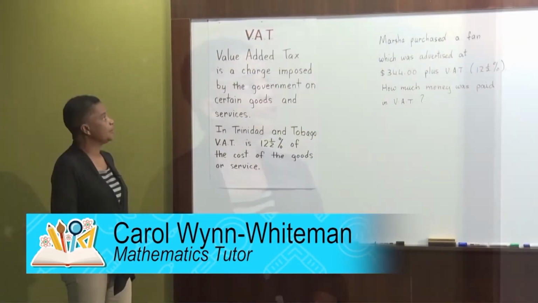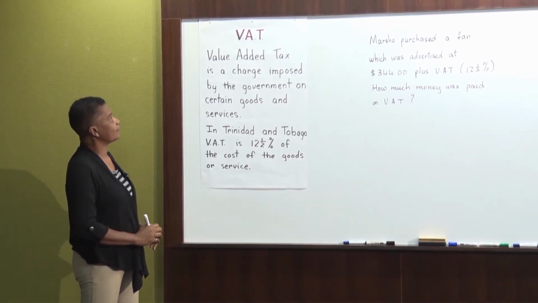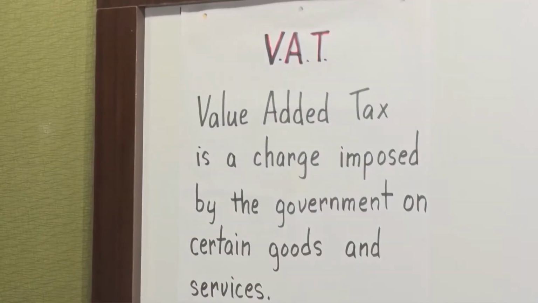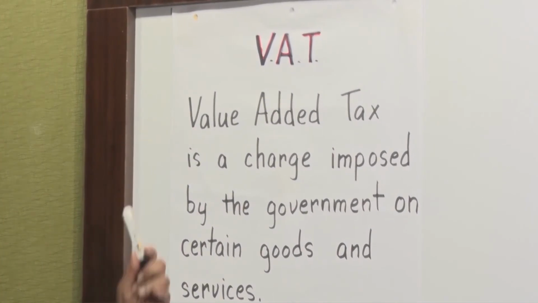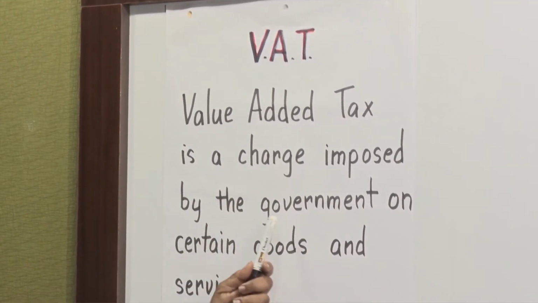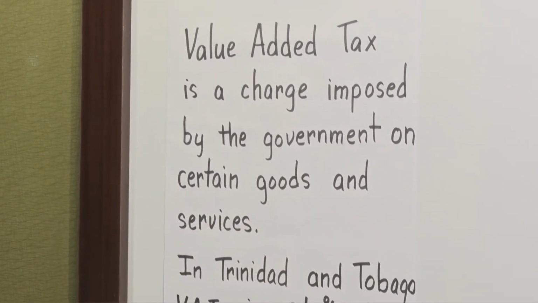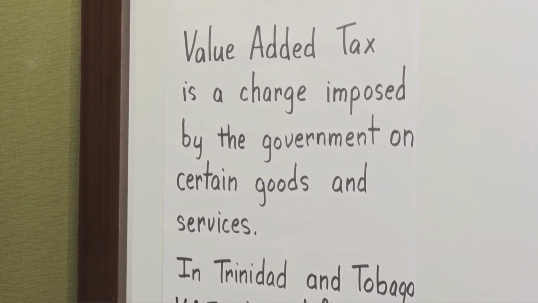Now, boys and girls, we're on to the final part of our today's session, value-added tax. What is value-added tax? Or, as we like to say, VAT. Value-added tax is a charge imposed by the government on certain goods and services. Let's read that again.